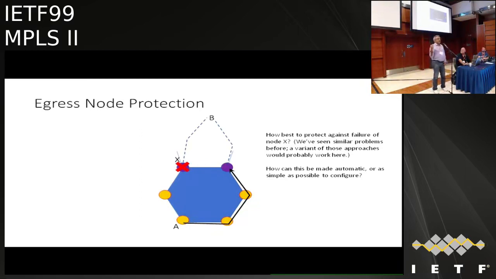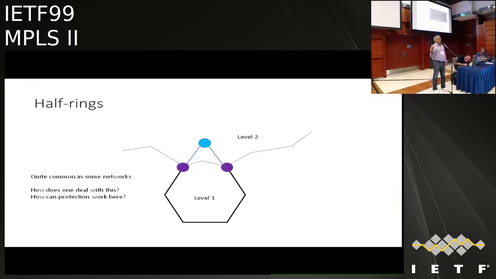The other thing that's really interesting is this thing called a half ring, which is a ring that's incomplete. For example, there's your ring, kind of, sort of, just the dark black part.